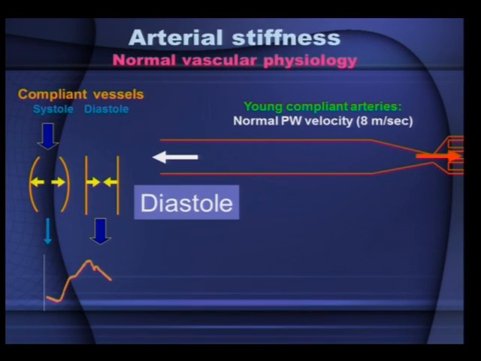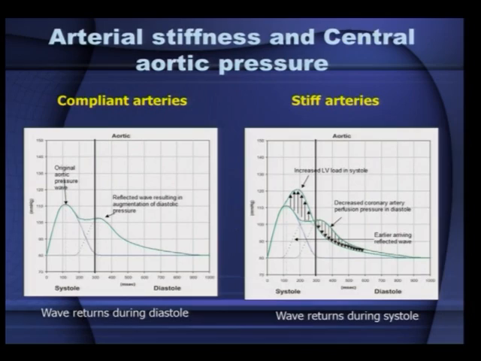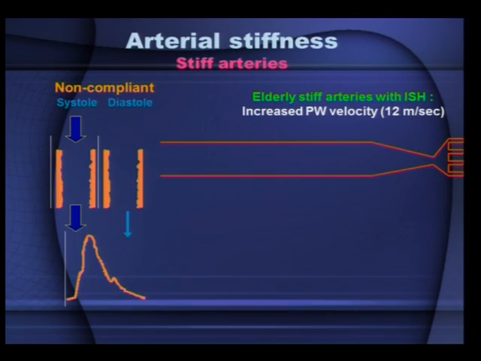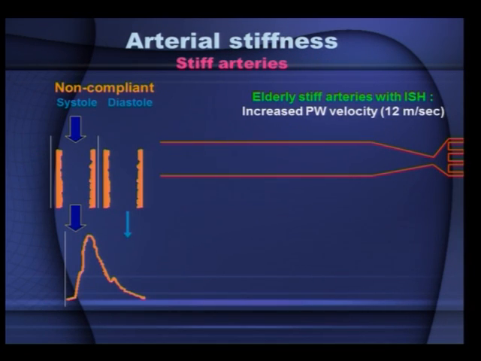In a compliant vessel it is like this, whereas in a stiff artery, it goes and comes back in systole, which means that during diastole, you are depriving the heart of the major amount of oxygen that it gets. So if the contraction takes place in systole and the reflected wave comes back in systole, then it's a stiff artery, and this increases the pulse wave velocity.